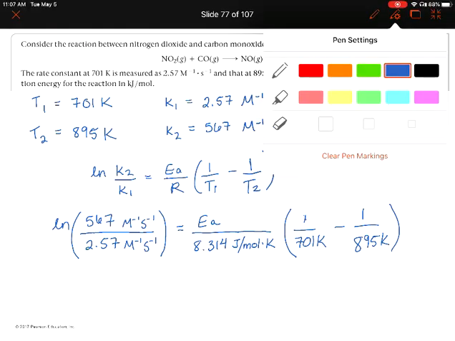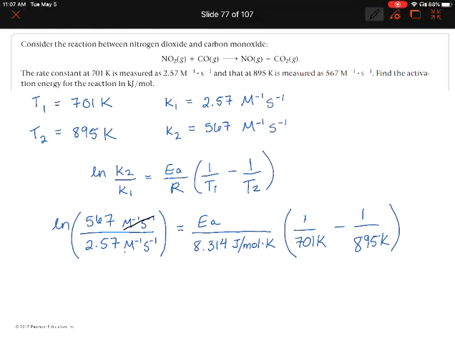Okay, so we can probably already see that units are going to cancel on the left-hand side, and they should also cancel on the right-hand side. So Kelvin for the gas constant is in the denominator of a denominator, so it would actually be in the numerator. And then for the temperature values, Kelvin is in the denominator, so those would all cancel.